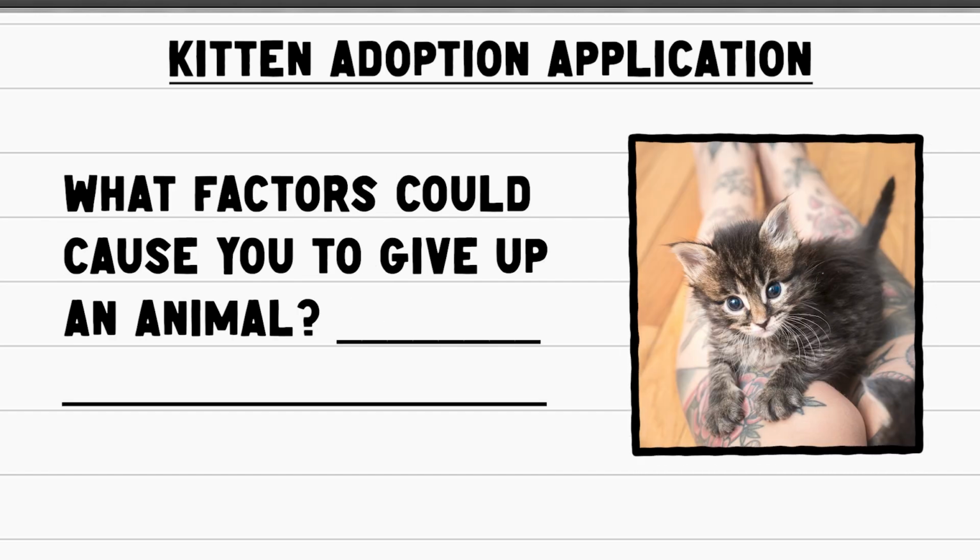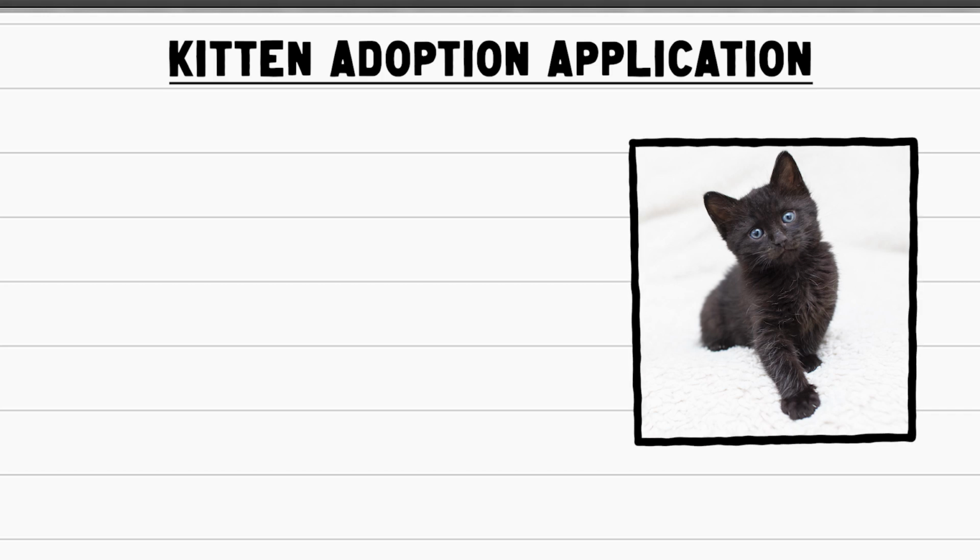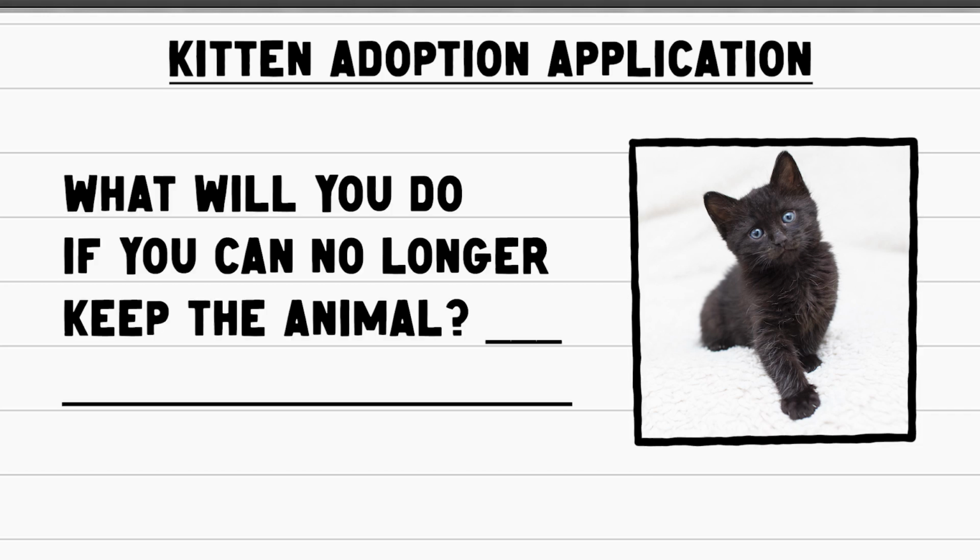This is an important one because it helps you understand their mindset, some of their potential challenges, and their feelings about commitment. It's also a great place to find things that you might want to ask about in your follow-up conversation. And then I put the question, what will you do if you can no longer keep the animal? This is one of the most important ones for me. And of course, I love when people say, oh, that would never happen in a million years.